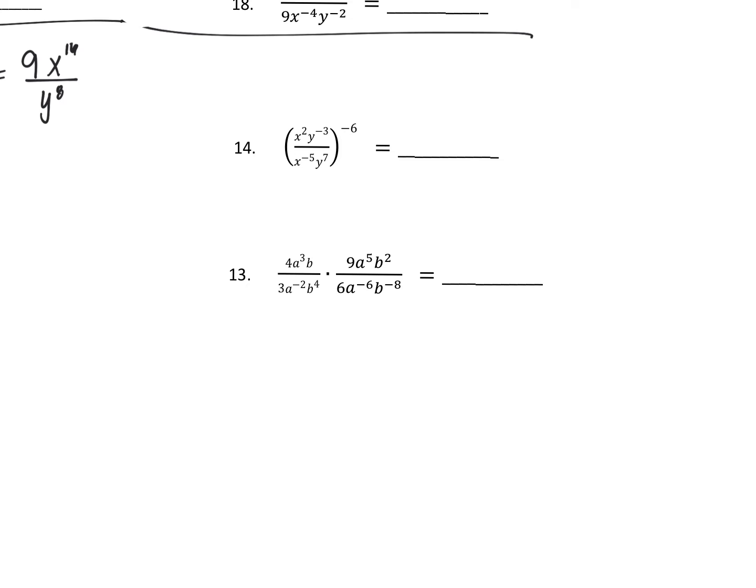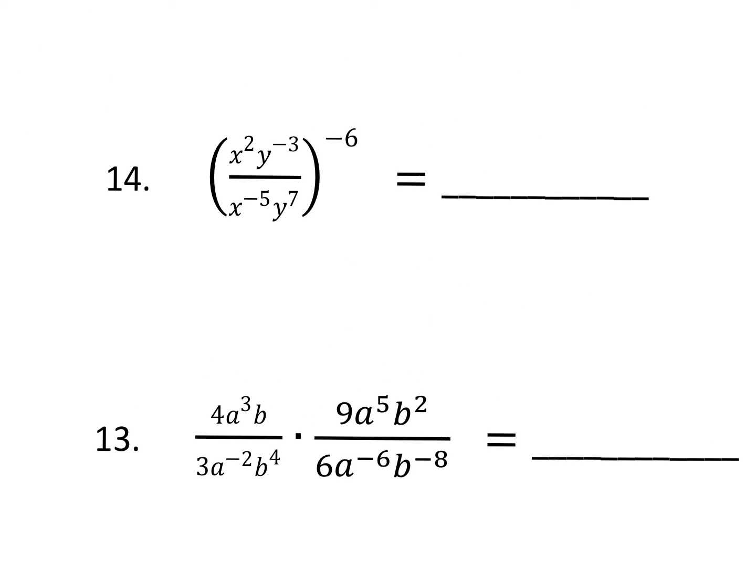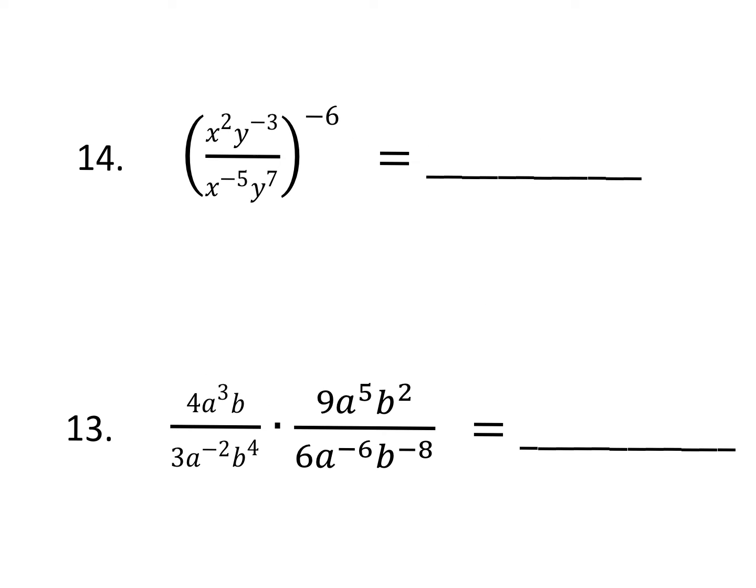All right, let's look at 14. So 14 has a lot going on. Let me zoom in. Okay? Pay attention to this one. There are several ways to do this problem. I prefer, when I've got a bunch of stuff going on in the parentheses, to work with smaller numbers. So I like to simplify what's inside first and then apply what's outside if possible.